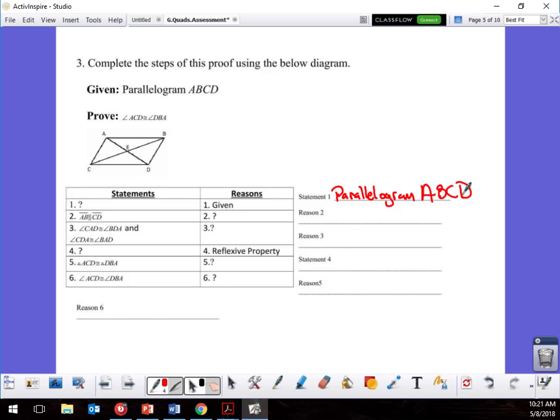If it's going to be a parallelogram, there's a lot that I know that goes along with being a parallelogram. So, AB is parallel to CD. But what would my reason for that be?